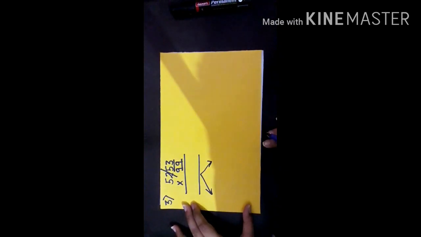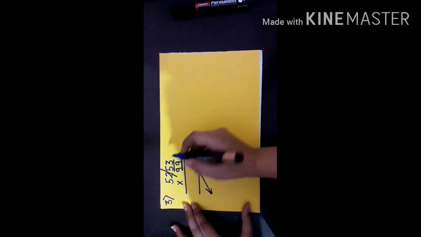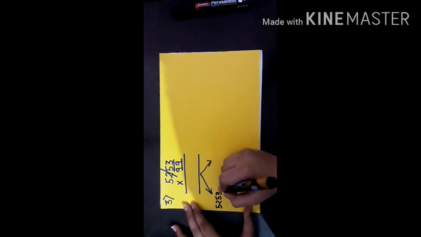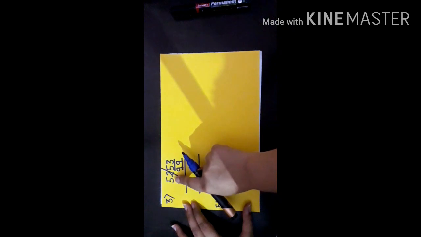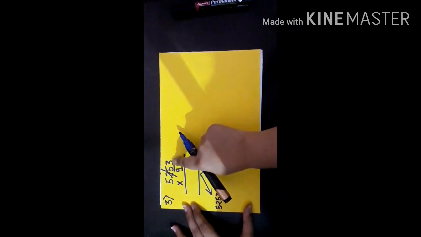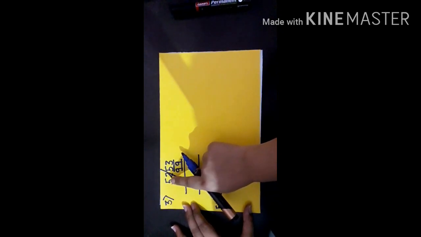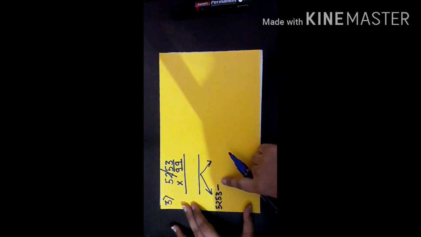Now see, take your multiplicand. Now minus. Now your first number after slash is 53, but before slash your first number is 52. 52. So what will you minus?